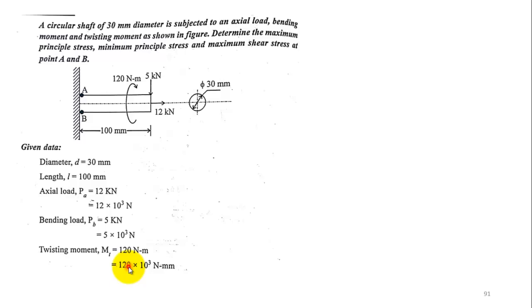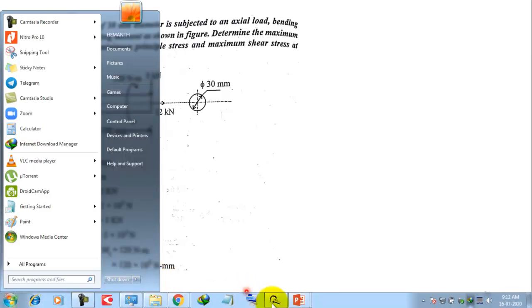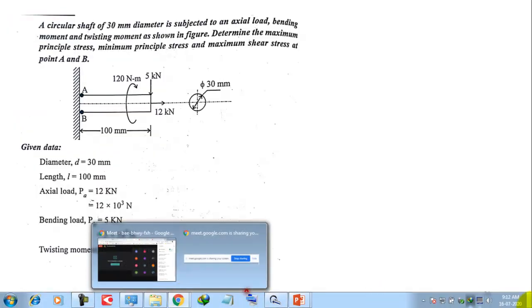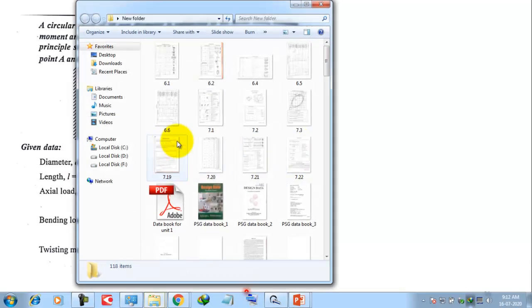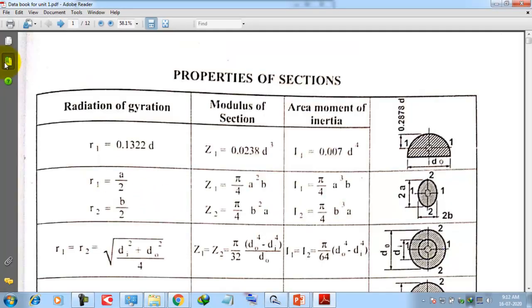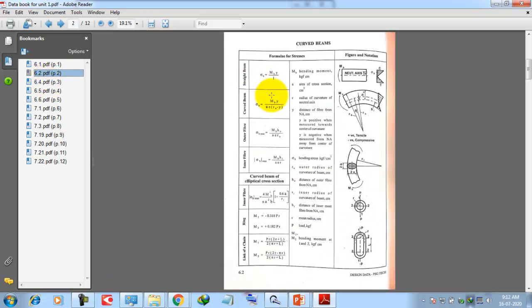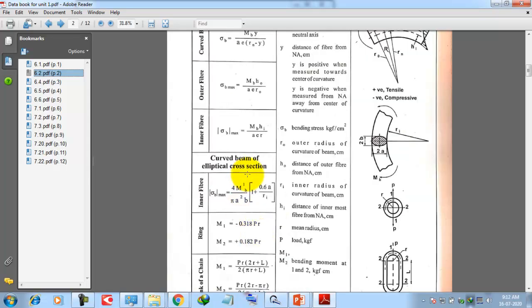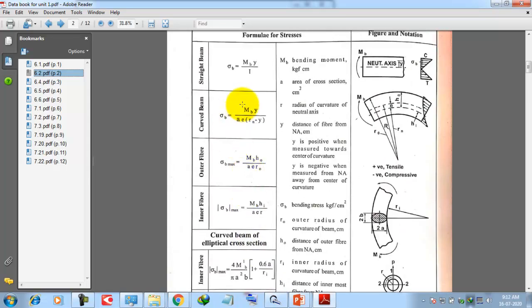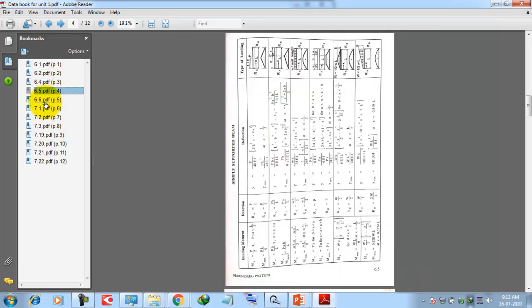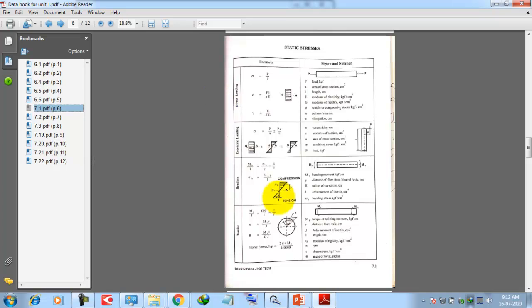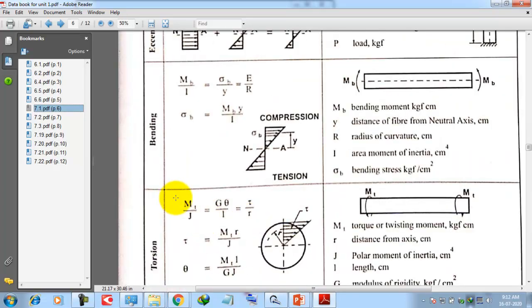These are all the notations which we use by referring to the data book, because in the data book they always denote the notations in this way only. Here if you see, MB is given for bending, and if you see another page here, MT is given for torsion.